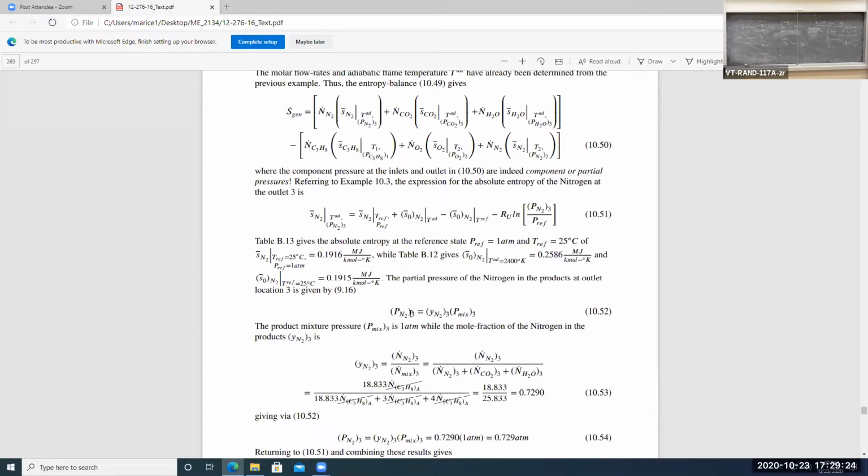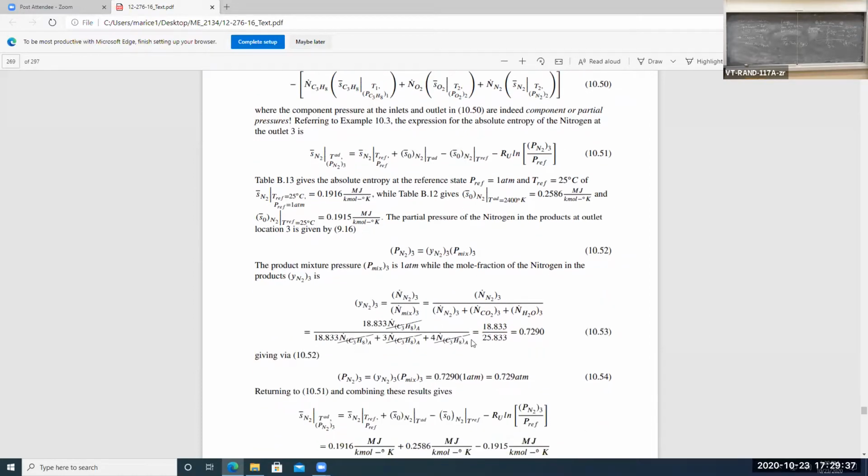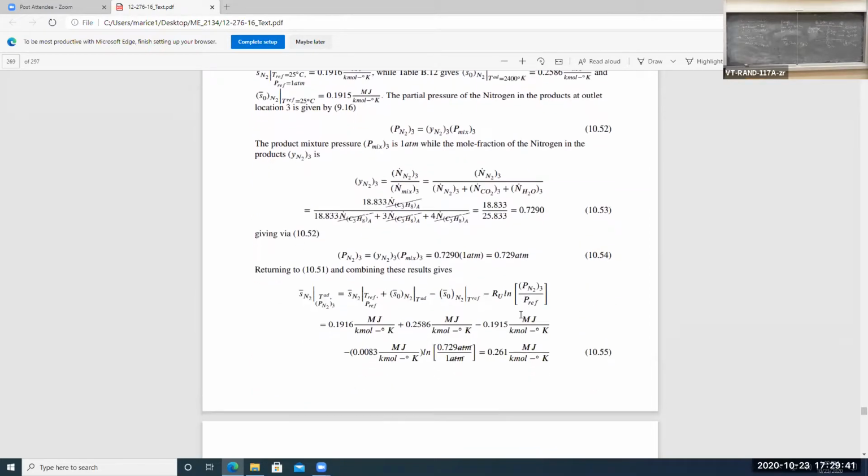The partial pressure for the N2 at the outlet is the mole fraction of the N2 at the outlet times the mixture pressure. The mixture pressure is 1 atmosphere. This was assumed to be an isobaric combustor. So we go through and we know the N dots for the various quantities.